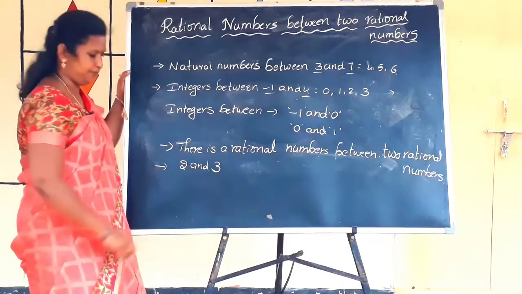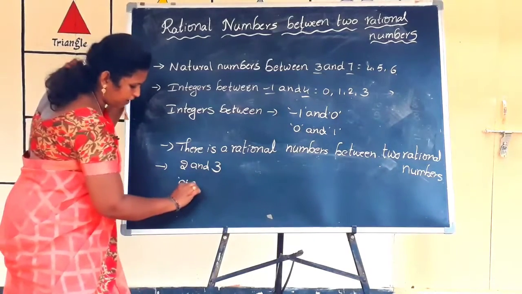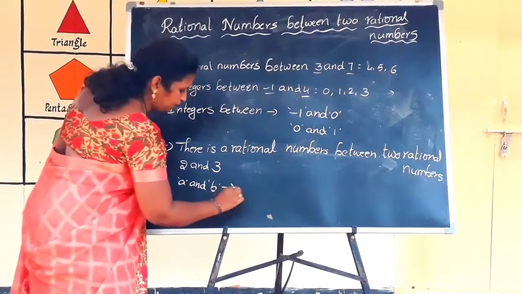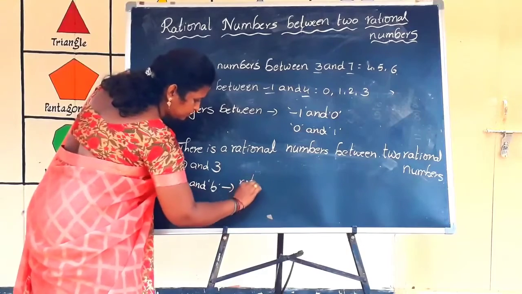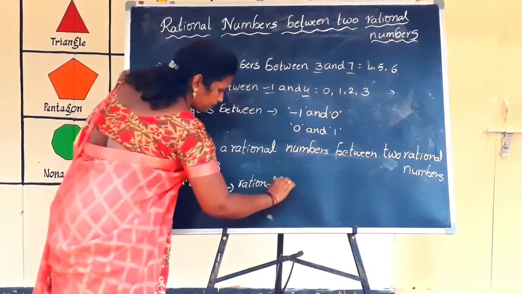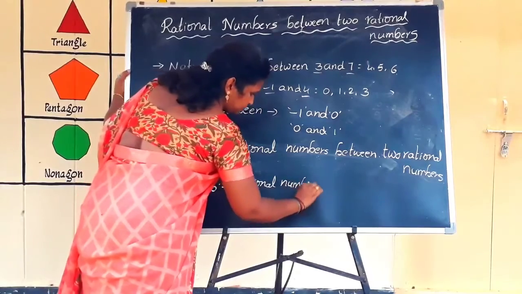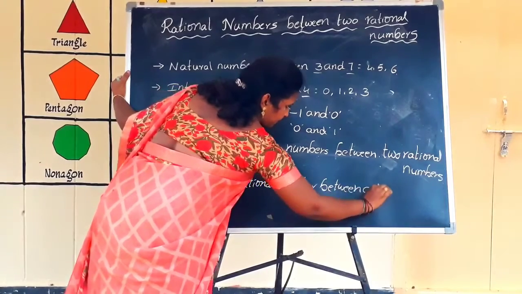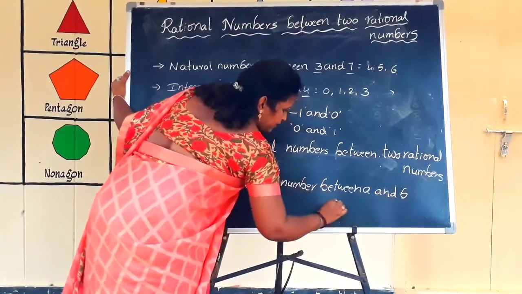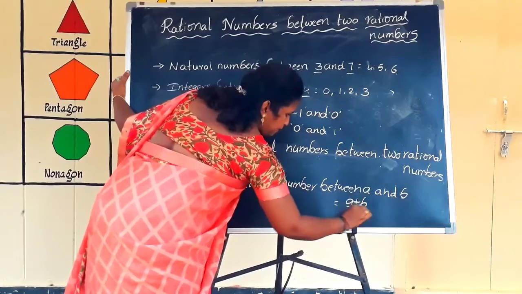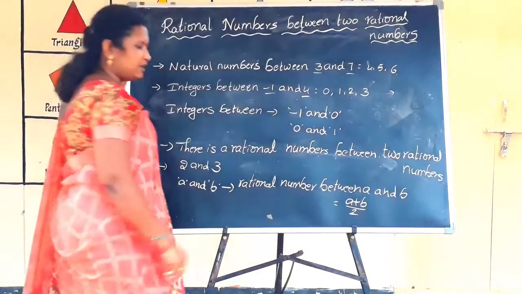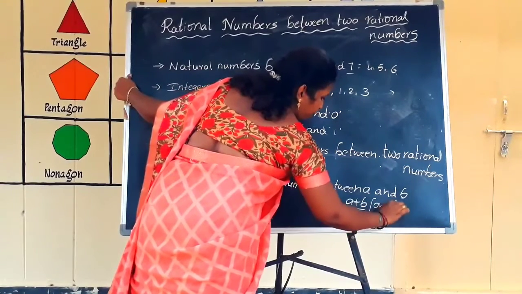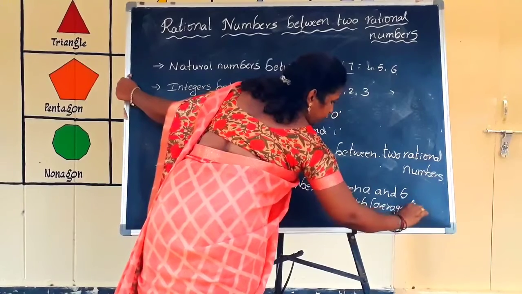What is that formula? If A and B are any two rational numbers, then the rational number between A and B is equal to (A plus B) by 2, which is nothing but the average of the given two numbers.